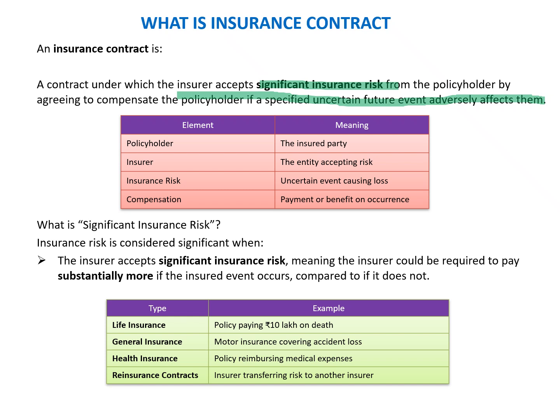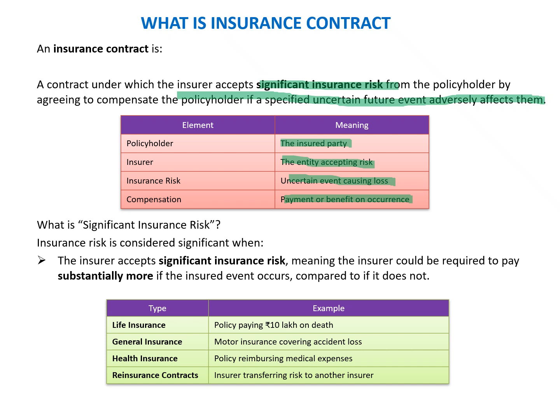When we talk about the policyholder, policyholder is the insured party. Insurer is the entity which is accepting the risk or issuing the contract. Insurance risk is the uncertain event which is causing a loss, and compensation is the payment or benefit on the occurrence. So these are the key elements of the insurance contract: policyholder, insurer, insurance risk, and the compensation.